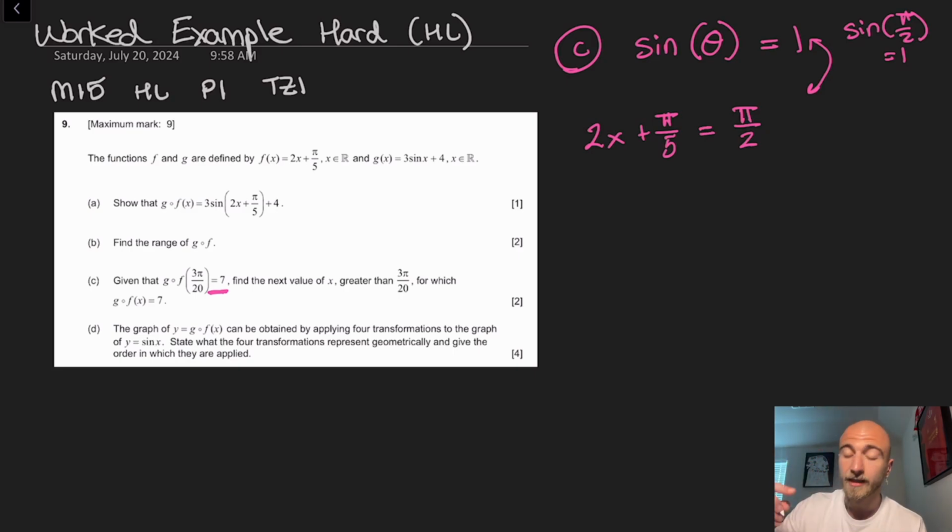But remember, if we think about the unit circle, that pi over 2, or that sine of 1, happens every 360 degrees. So every single time we rotate 360 degrees across that unit circle, or if we remember in radians, every time we rotate 2 pi revolutions across the unit circle, we're going to get back to that pi over 2 mark.